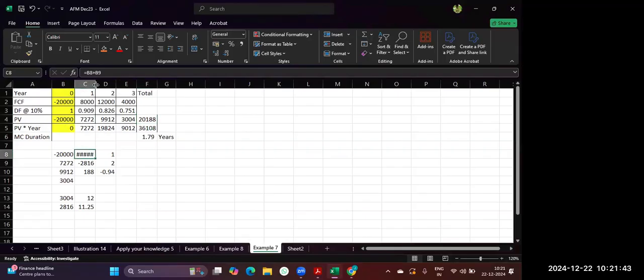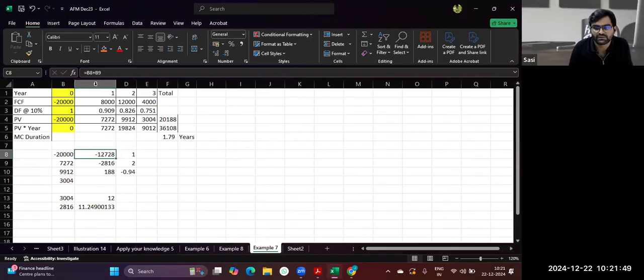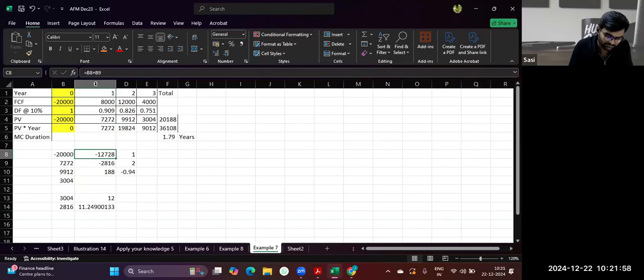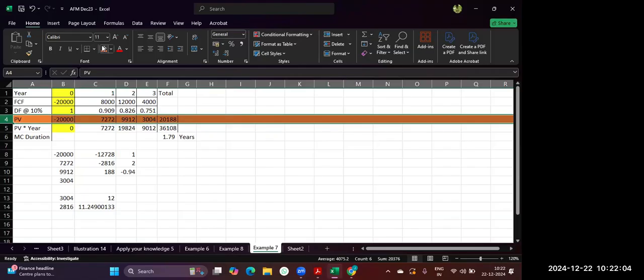Okay. To calculate the Macaulay duration, what all information do I need? Summation of present value into year, divided by the summation of present value. Yes. Summation of present value is nothing but NPV. That is this row. Correct?